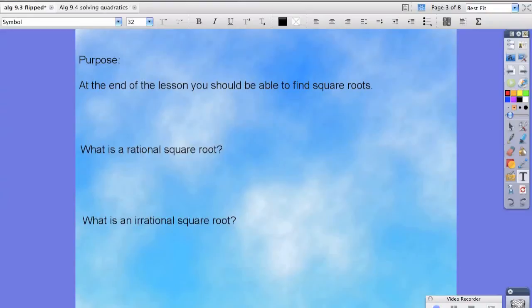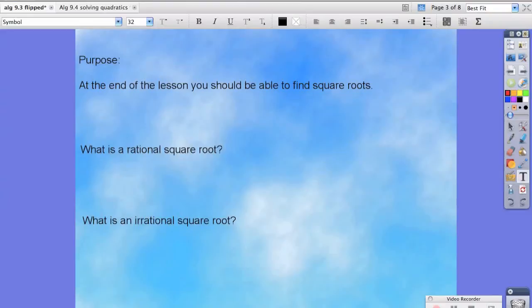Now, there's 2 questions that I posed to you: what is a rational square root and what is an irrational square root? A rational square root is a square root that could be simplified into a fraction of whole numbers. An irrational square root is one that cannot be.